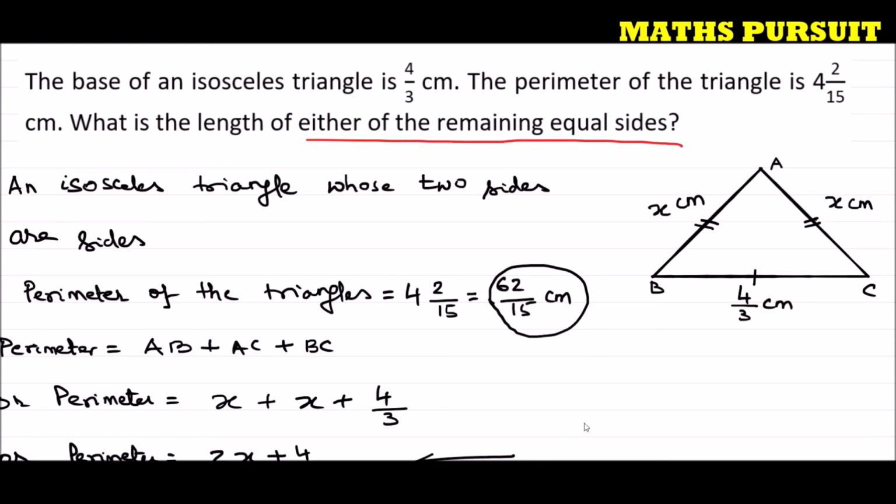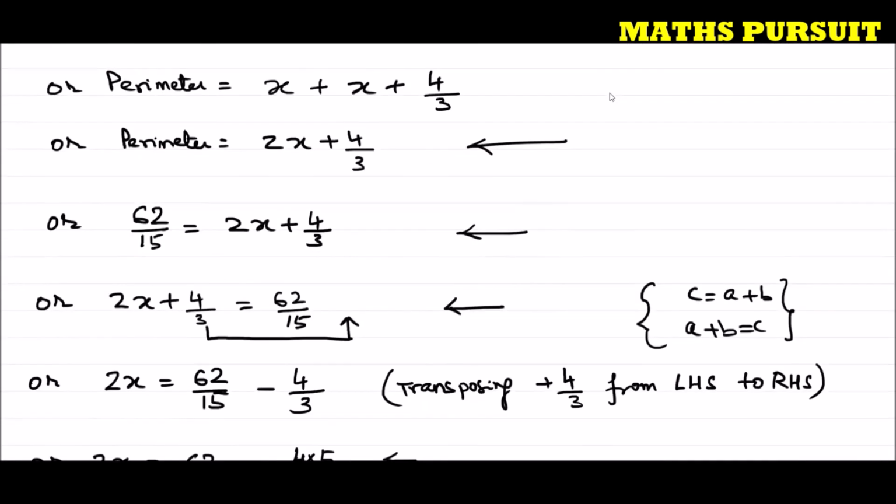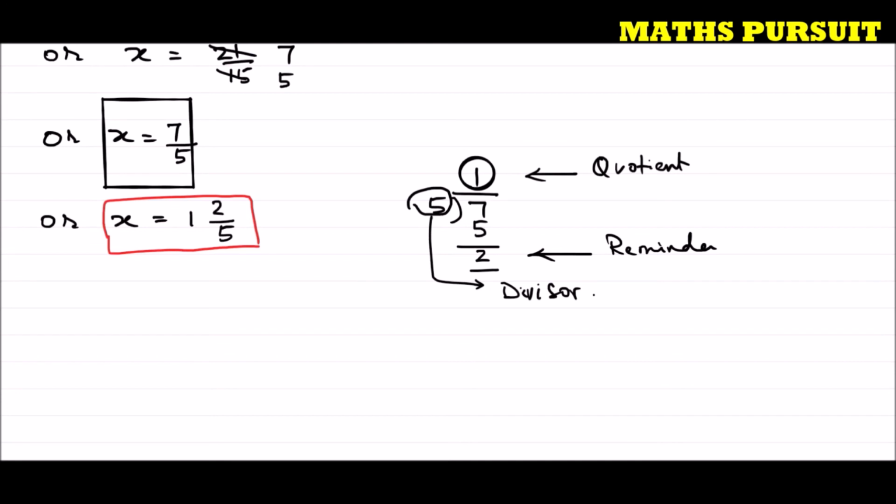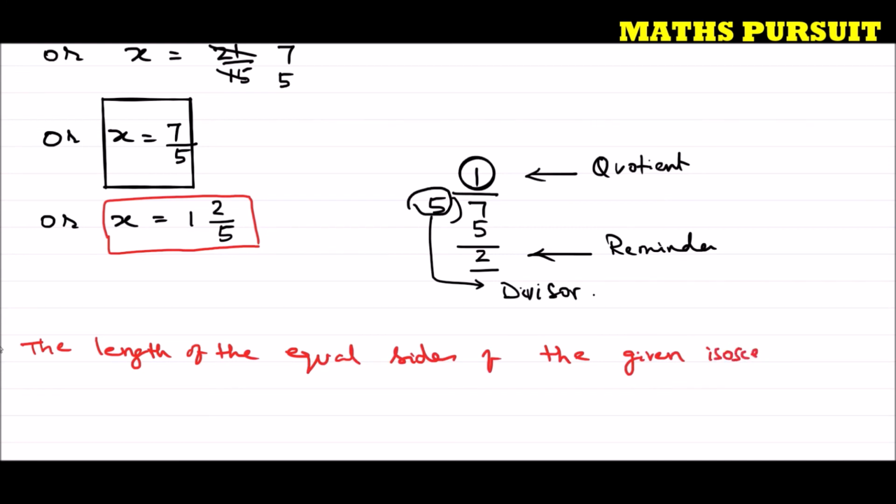Because we got the value of x as 7 upon 5, we can write our concluding answer as: the length of the equal sides of the given isosceles triangle is 7 upon 5 centimeter.